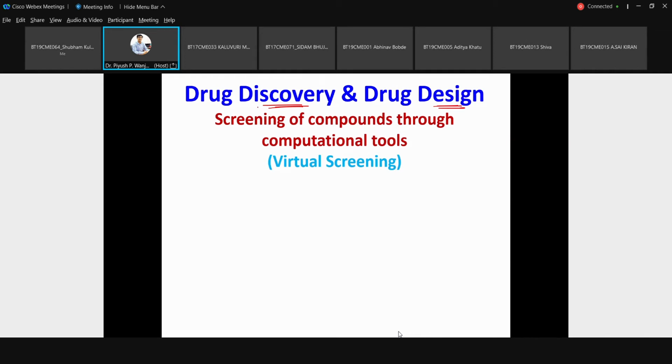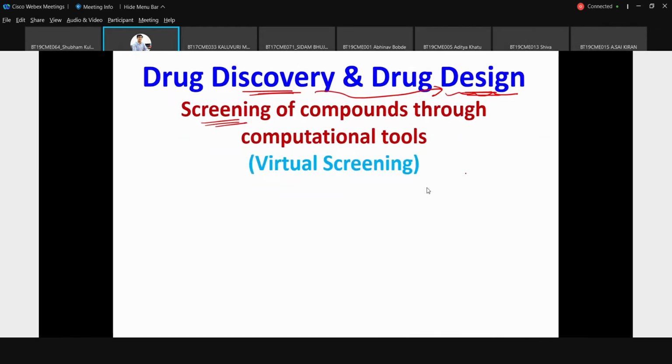Drug discovery should be considered as when we are doing some kind of screening, so from the databases we are identifying the best possible drug. But drug design can be somewhat related to the same topic, or it can be an even more sophisticated term.